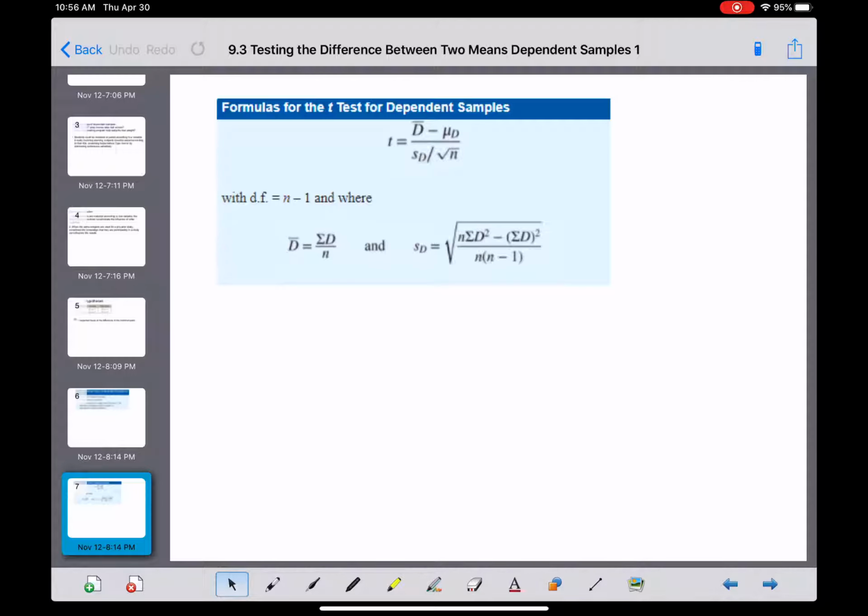So D bar is the sample mean difference. You add up all the D's, all the differences, and divide them by N. So that's our average. And then minus mu sub D. And remember, mu sub D is assumed to be 0. And then the standard deviation divided by the square root of N.